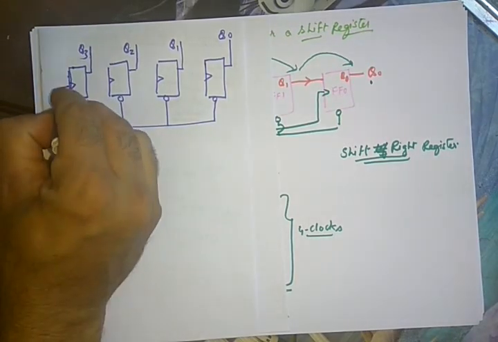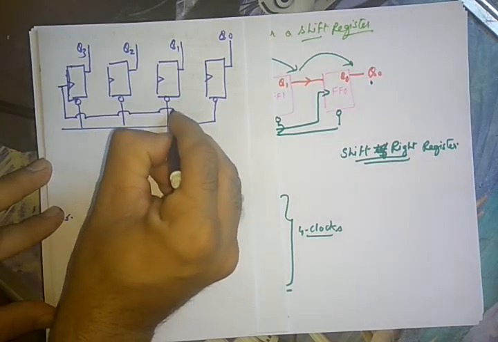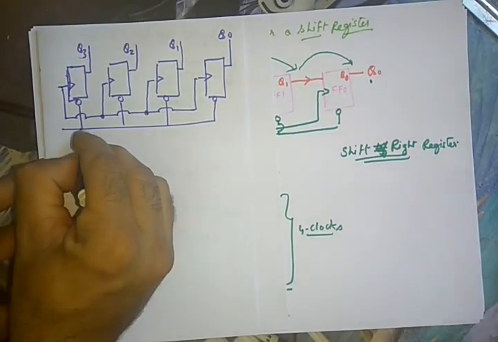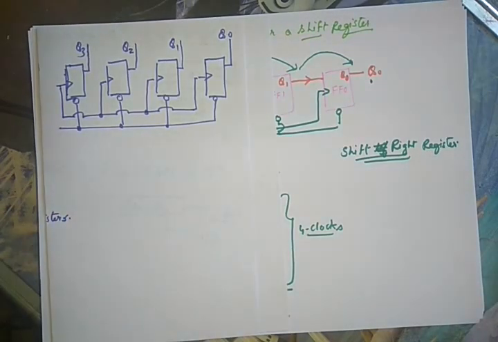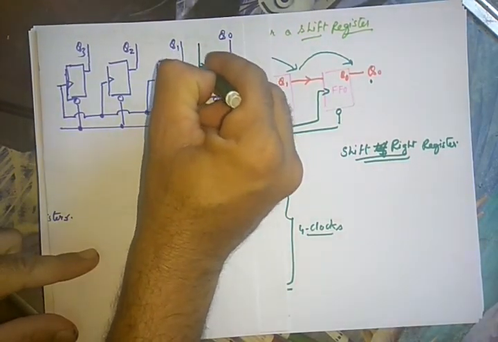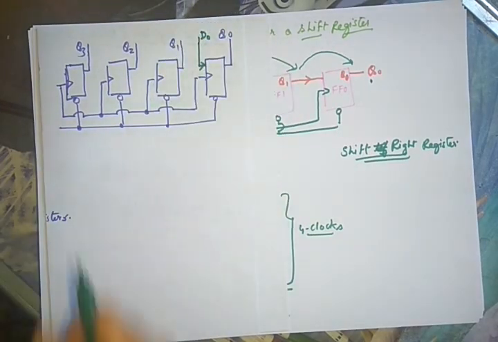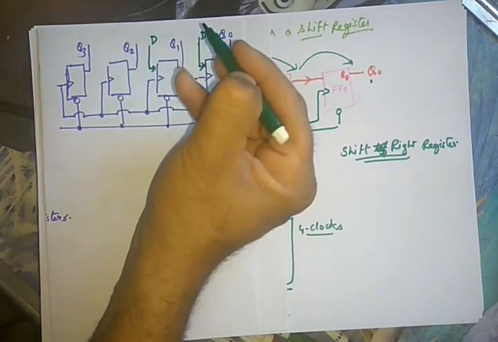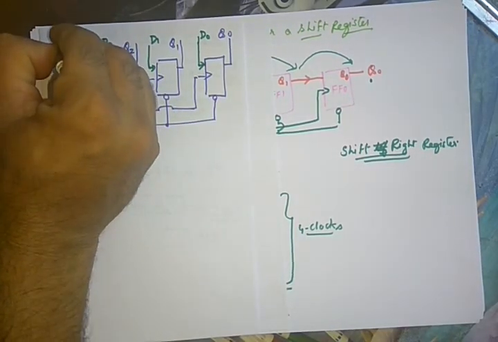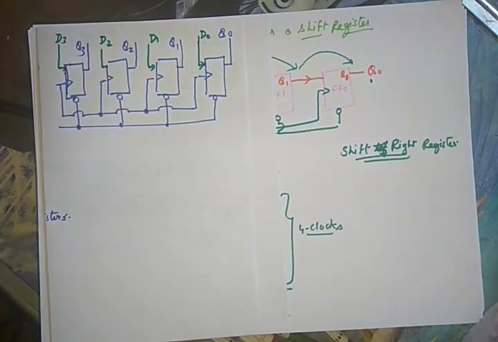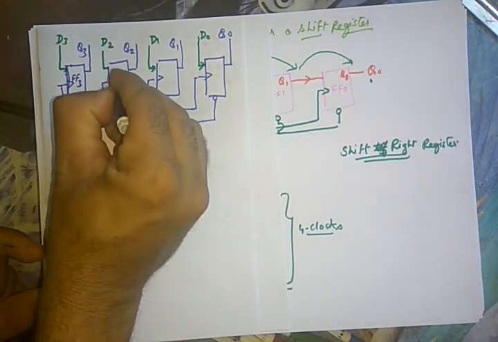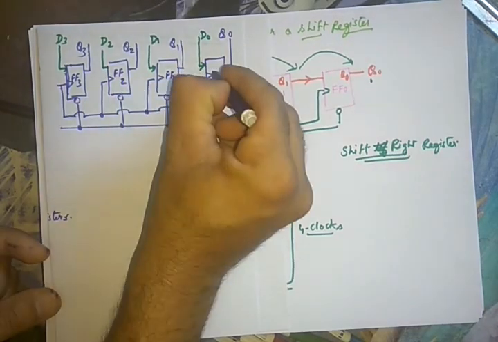Then how we have to connect them. Here D0, here this is D1, D2, D3. Okay, so this is FF3, FF2, FF1, FF0.